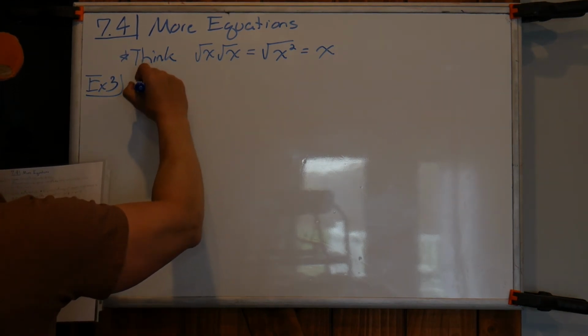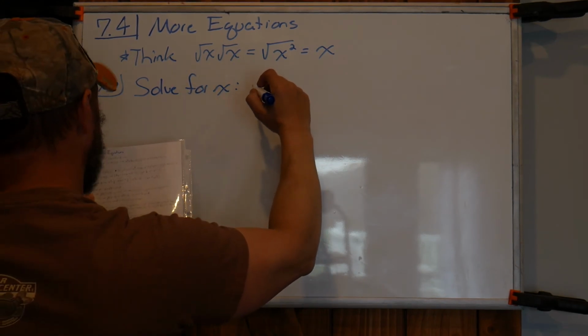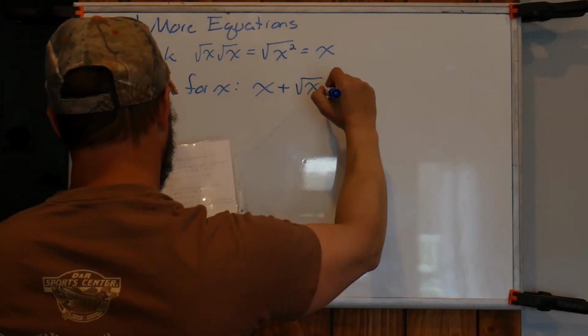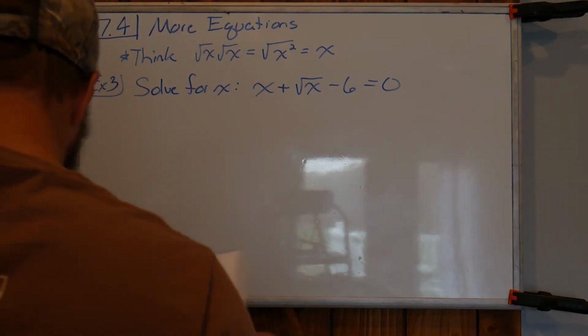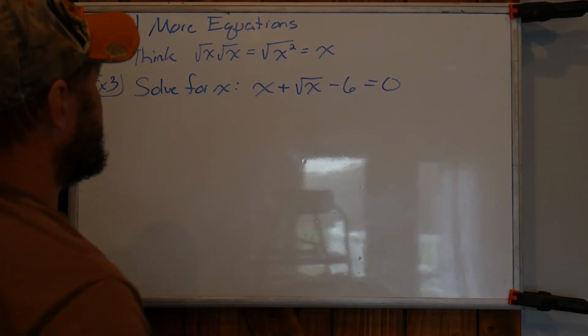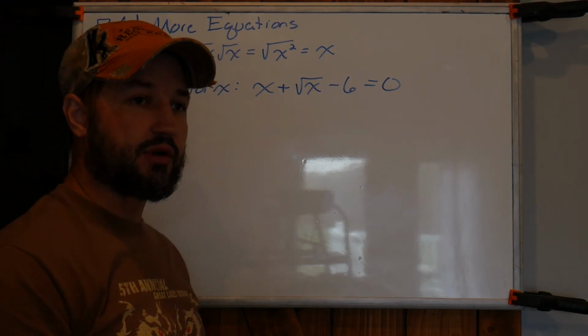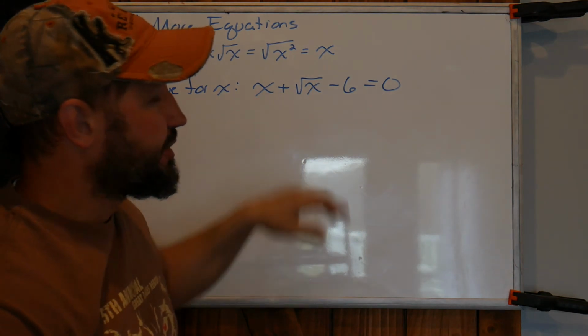Solve for x. I'll write this one out. Solve for x when we have x plus square root of x minus 6 equals 0. Okay. The route I'm going to go is, you remember the second example that I worked, we were dealing with an x to the fourth and an x squared.